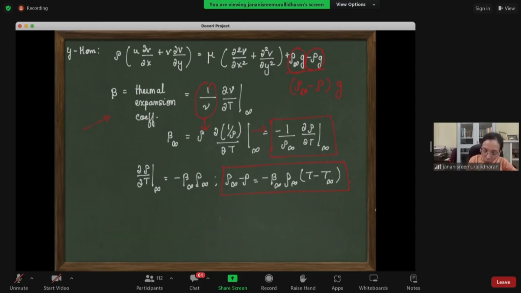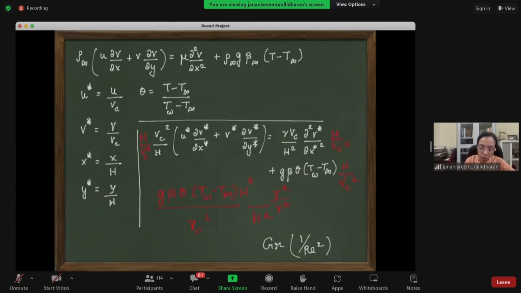I'm saying ∂ρ/∂T is equal to minus thermal expansion coefficient times ρ infinity. This looks familiar. So I can say that delta ρ is equal to minus beta infinity ρ infinity times the difference in temperature, which I have opened out here. So I can essentially write my ρ infinity minus ρ in terms of T. Okay. So your equation comes down to this.